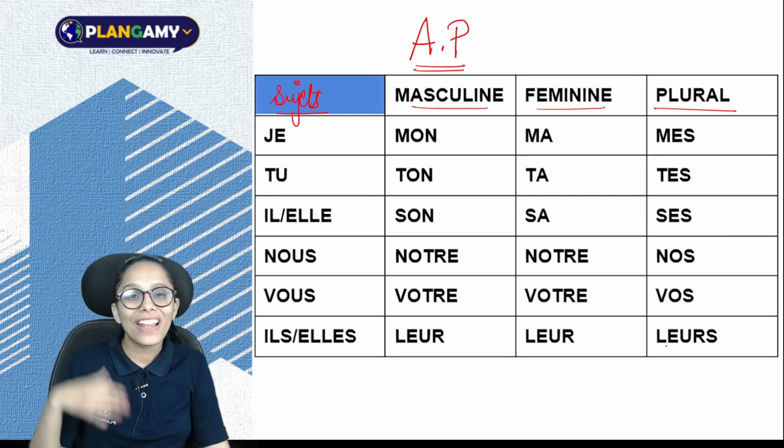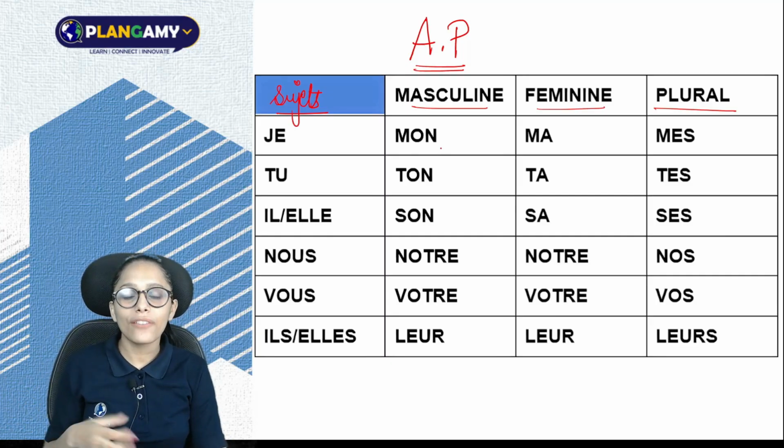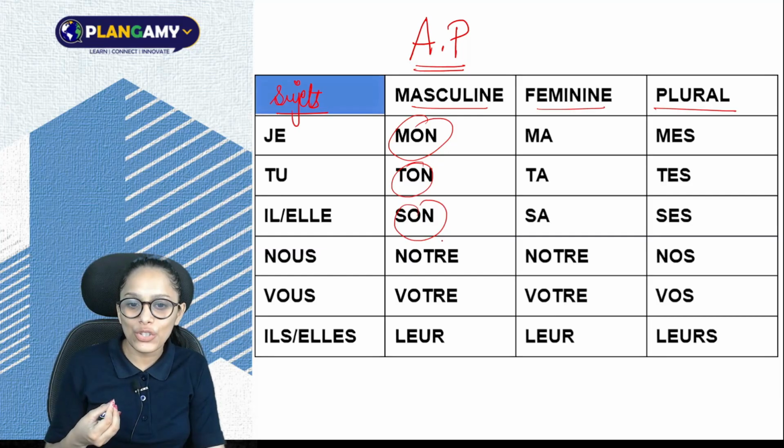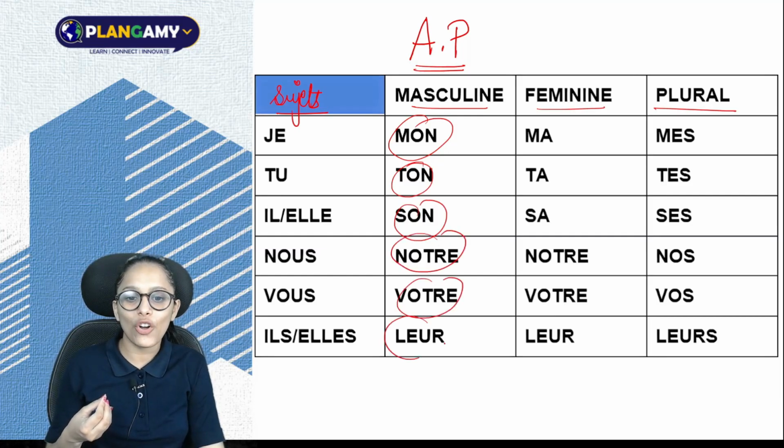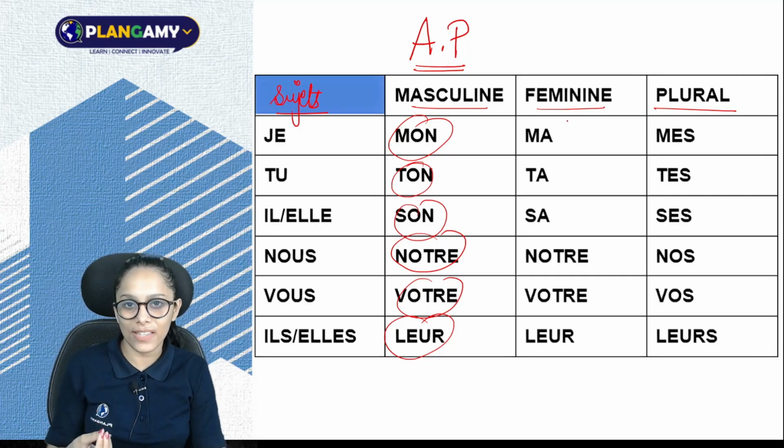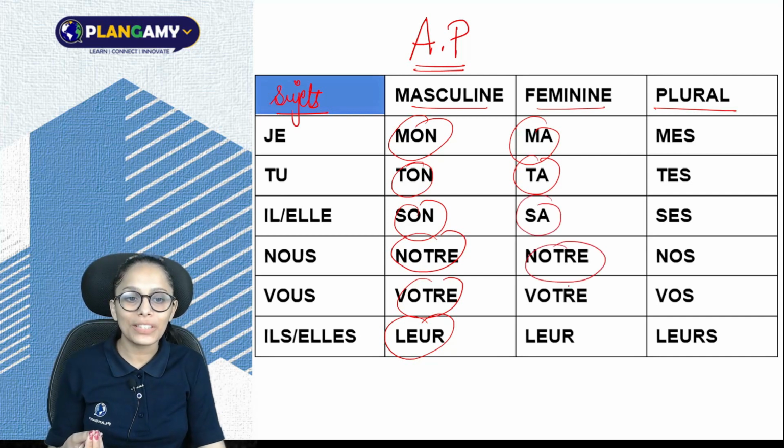their or theirs. So, if you want to use adjective possessive for masculine singular object, you will use mon or ton or son, notre, votre or leur depending on the context. Now, feminine. If you want to use adjective possessive with feminine singular, you could choose ma, ta, sa, notre, votre, leur.